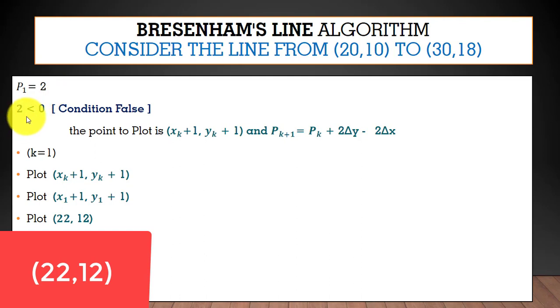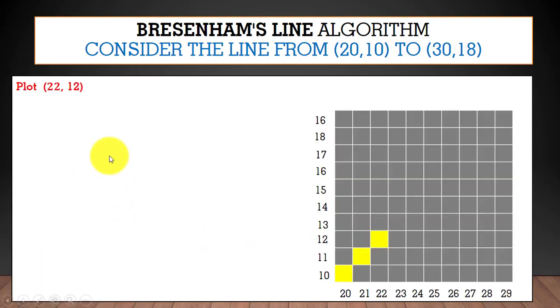Again we will check whether the condition is true or false. Again you can see 2 is not less than 0, so the condition is false. So we will use this equation to plot the next point, that is 22, 12. So here you can see the next point 22, 12. X is 22, y is 12.